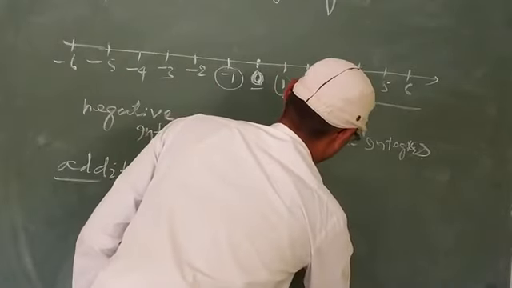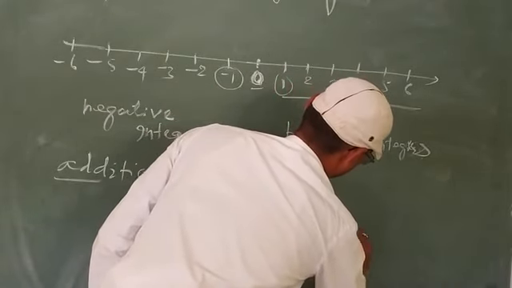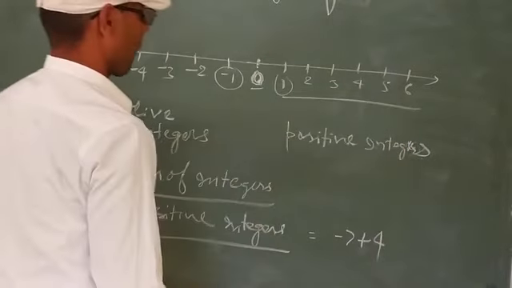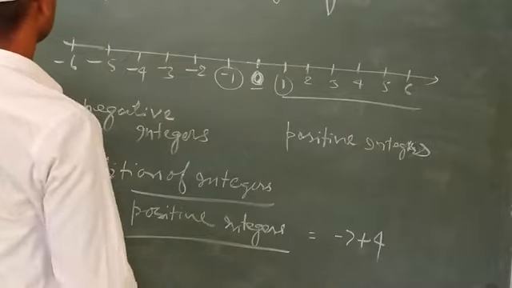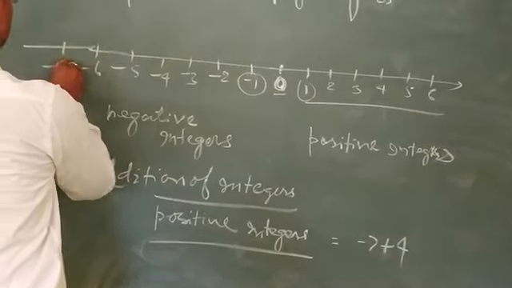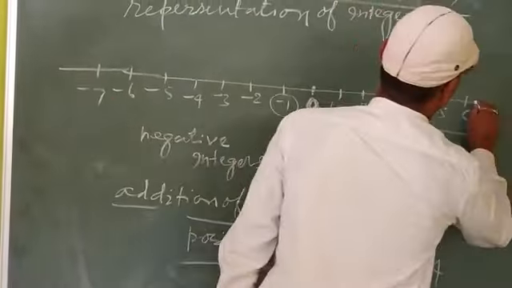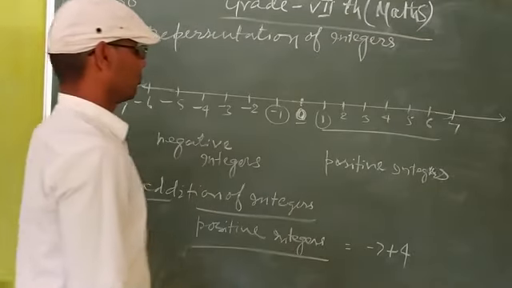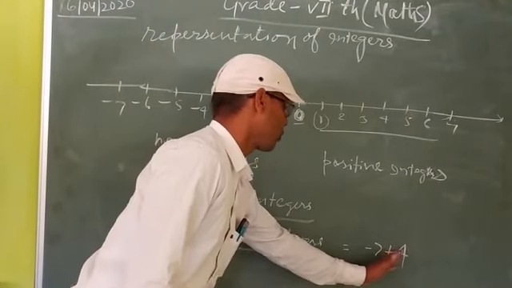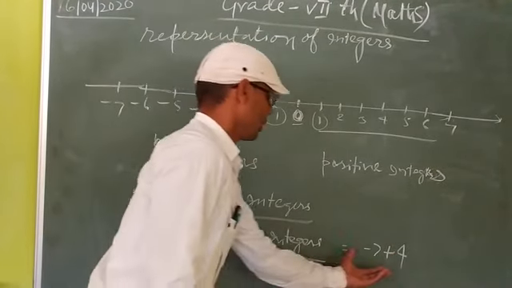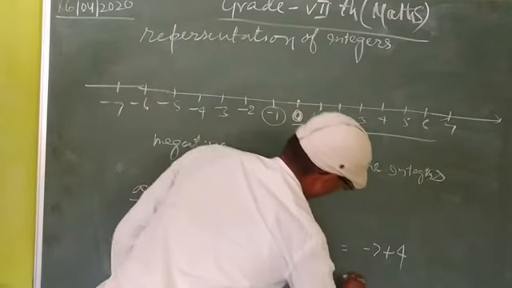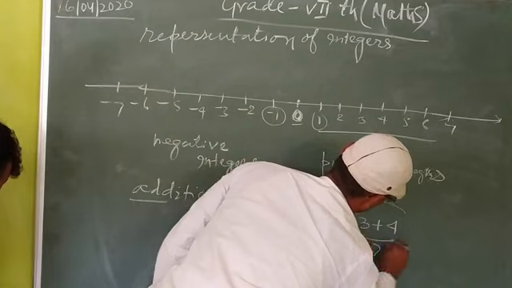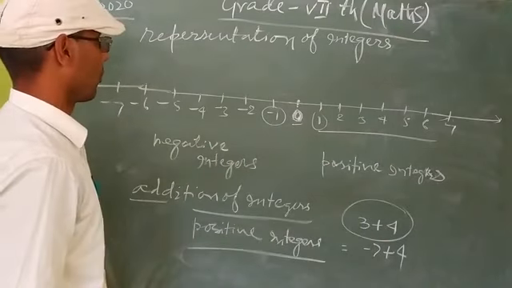Positive integers, you can say 3 plus 4. I'm going to enlarge this line on both sides. First, 3 plus 4.